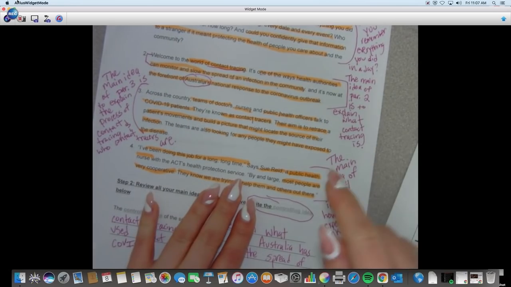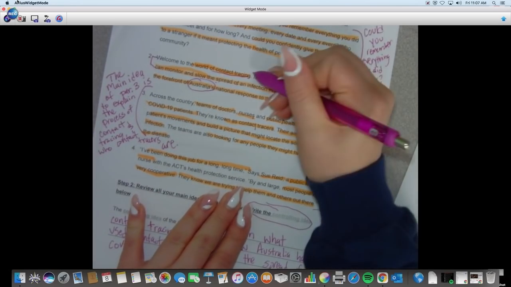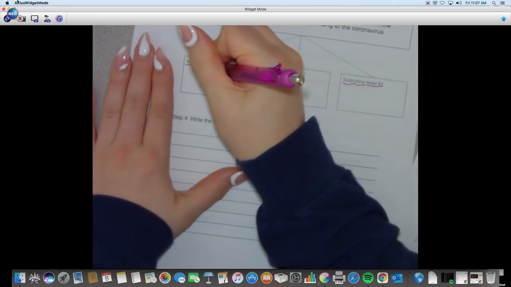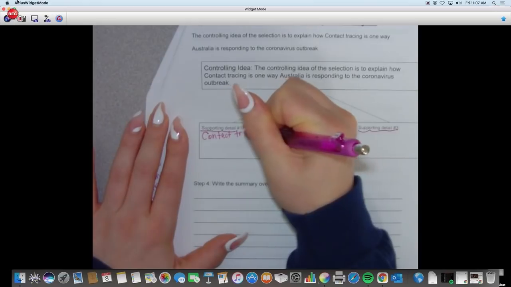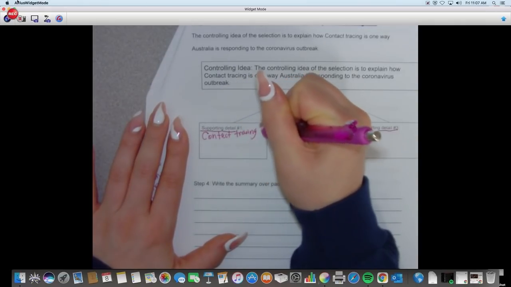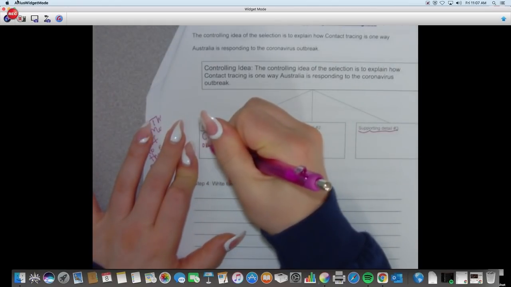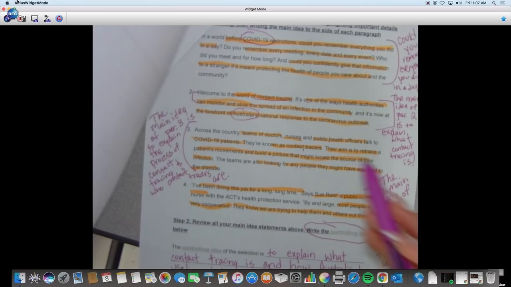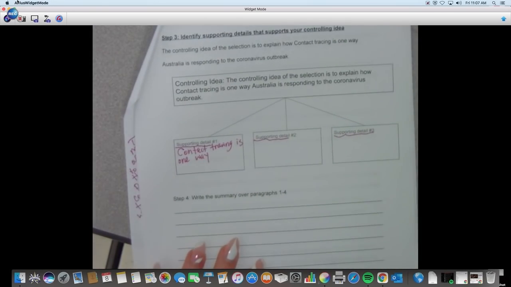So I'm going to write out this sentence right here. Contact tracing is one way health authorities can monitor and slow the spread of an infection in the community.